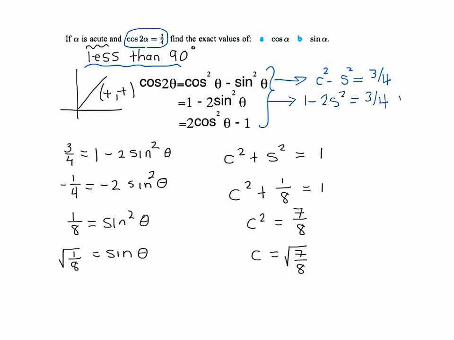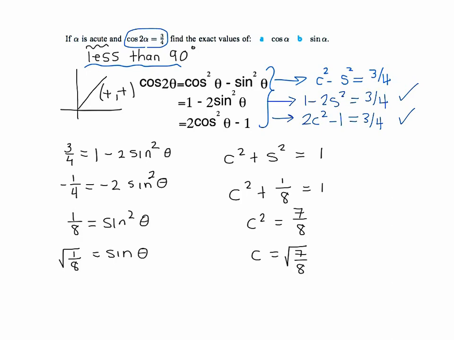So this one is a possibility. If you use the third one, you get 2 cosine squared minus 1 is equal to 3 over 4. So this is another possibility. So you can use either of these 2 formulas to solve for cosine of alpha and sine of alpha.